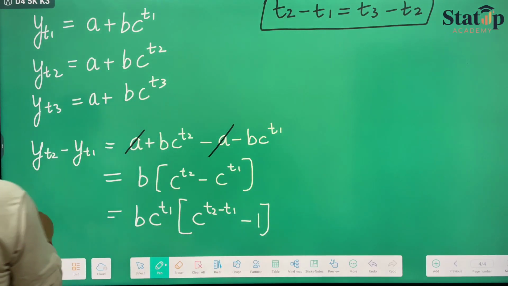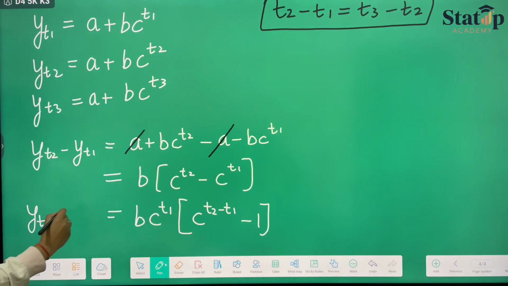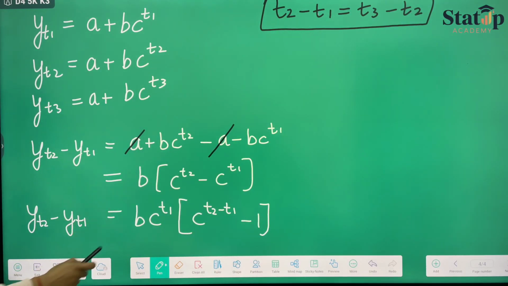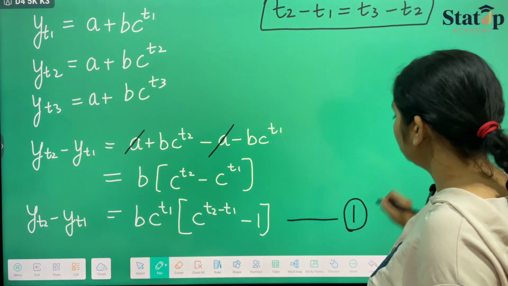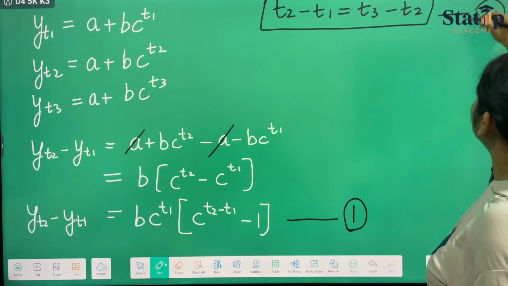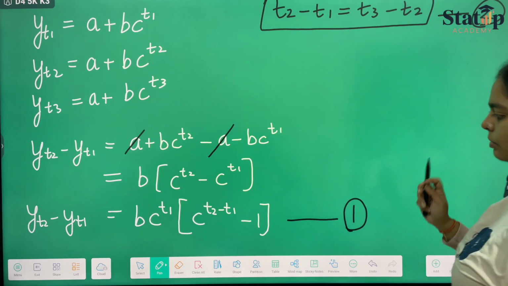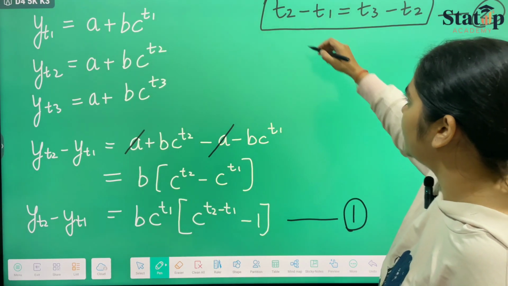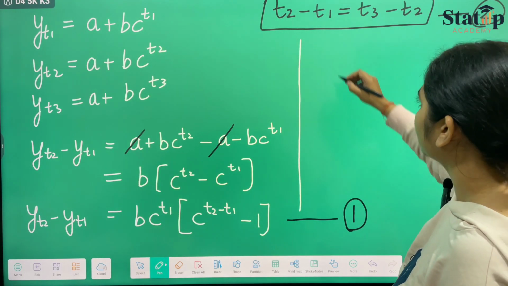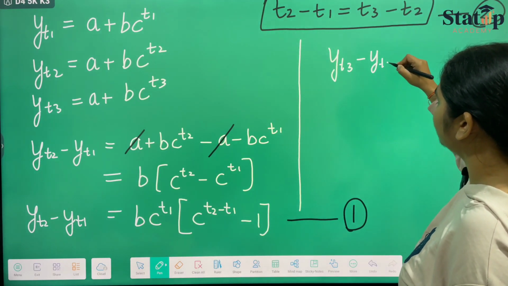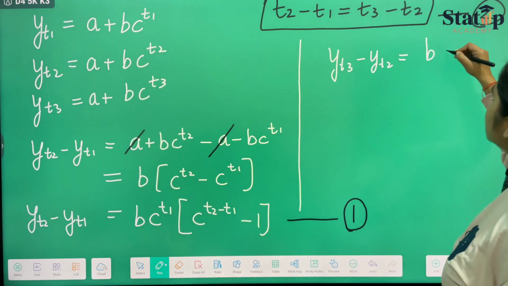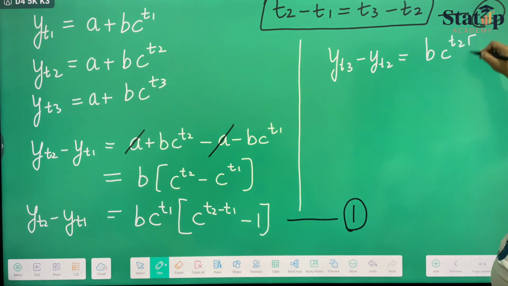So this is our equation of yt2 minus yt1. Let us name this equation number 1, and similar to this equation we will be getting, as equation number 2, yt3 minus yt2 is equal to b c raised to t2 times the bracket c raised to t3 minus t2, minus 1.